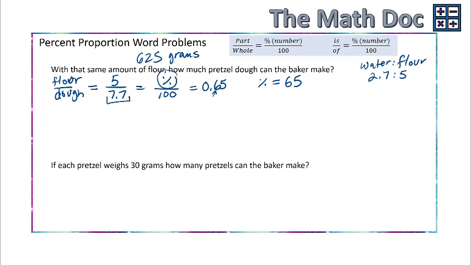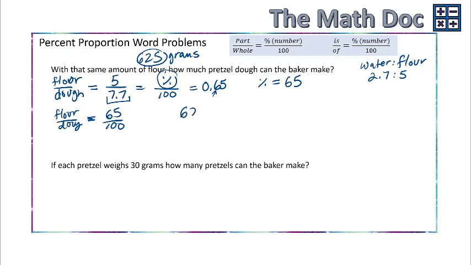So in this case, the ratio of flour to dough is 65 divided by 100.